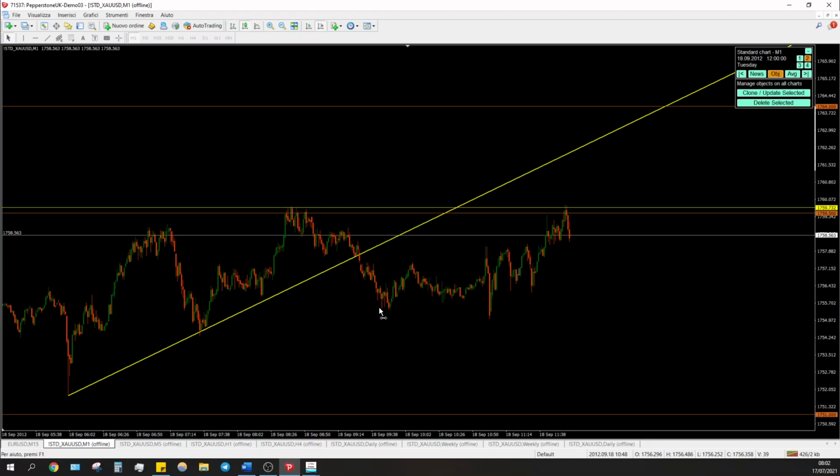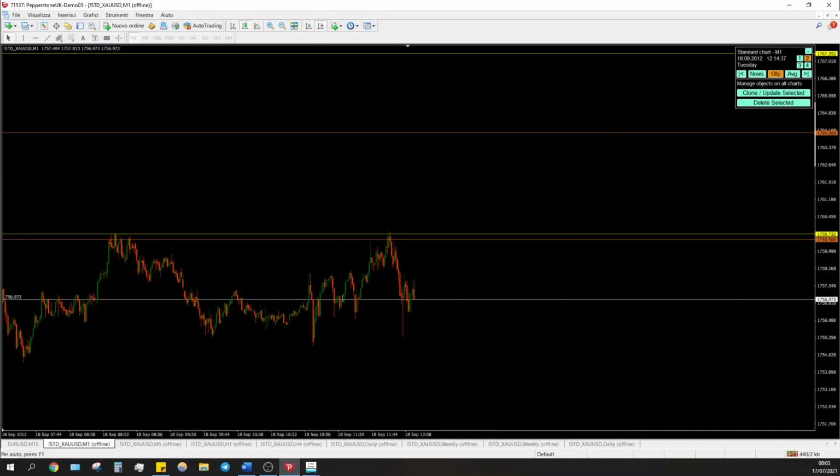Let's see if now New York wants to push the price down. Okay, looks like we got the double bottom. And I want to take, of course, buys above this level.